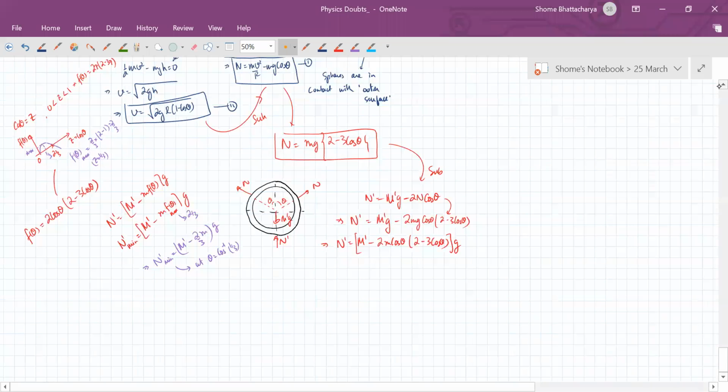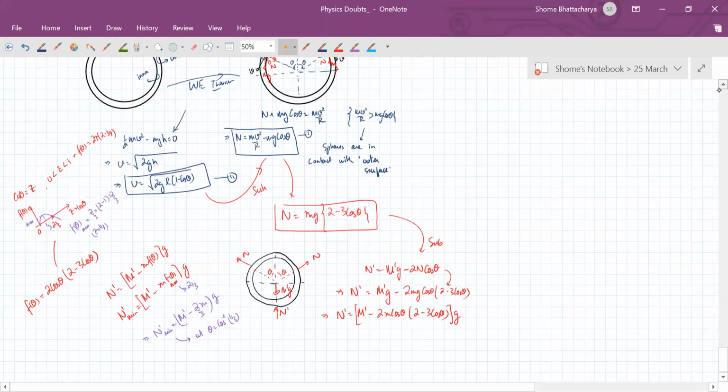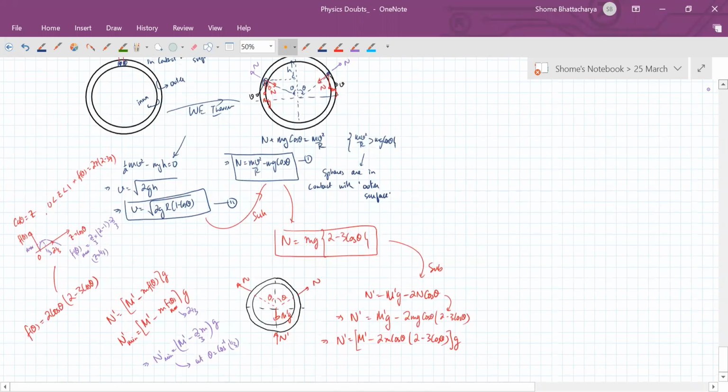Is the question clear, Kevin? I've avoided using differential calculus for maxima minima; I've just used substitution. From this step I could have used calculus, differentiate N prime with respect to theta and put it equal to 0.